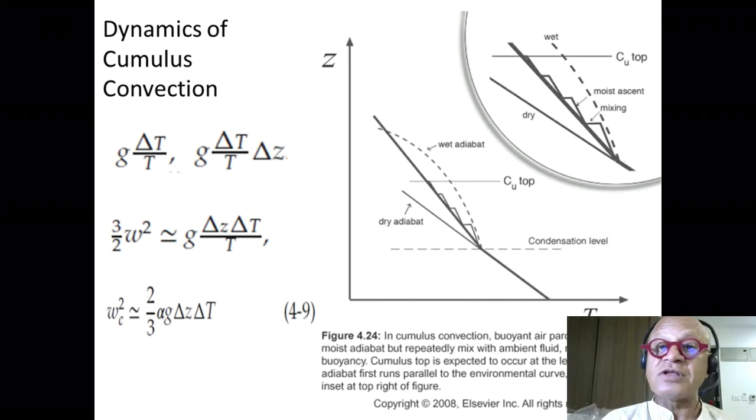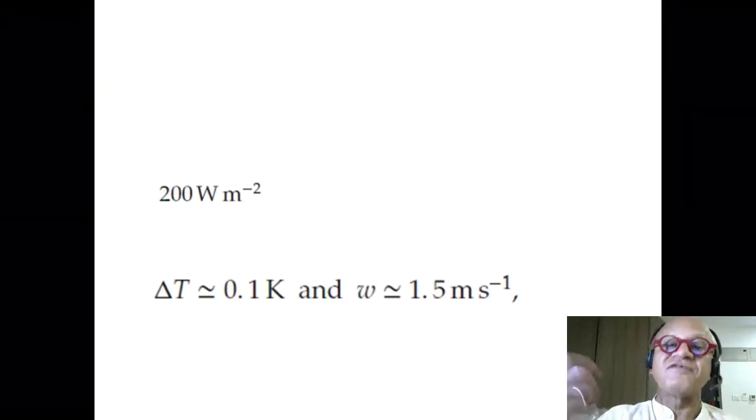the experiment, the water table experiment that we looked at, and data from the real world, you can compute the scaling. W squared comes because of, again, motion being induced in all three directions, and half W squared being the kinetic energy, the potential energy being delta Z delta T over T. Okay, how much density change is associated with the height change that results in the potential energy change that is converted to the kinetic energy that causes the vertical movement.